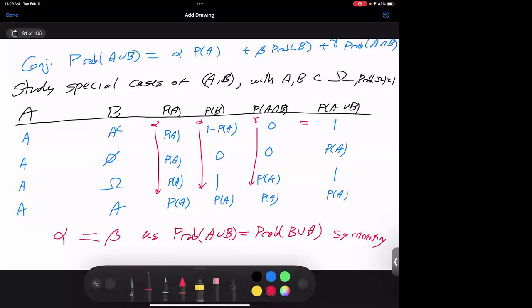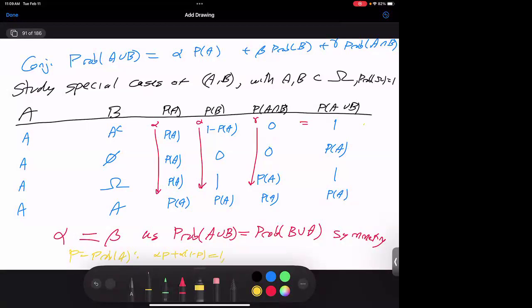So the first one, if we let P equal the probability of A, we get alpha P plus alpha times (1 minus P) equals 1.